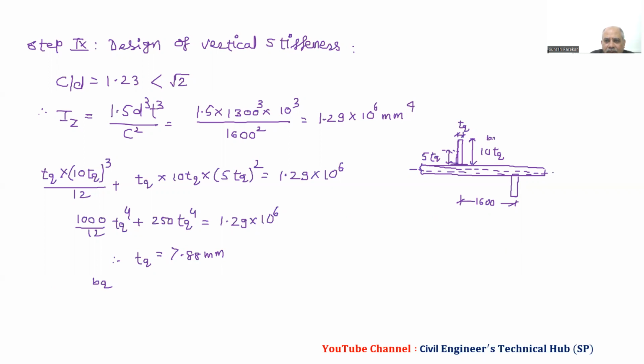And then we have bq, which is 10 tq, that is 10 into 7.88, which goes to 78.8. Therefore, provide vertical stiffener.